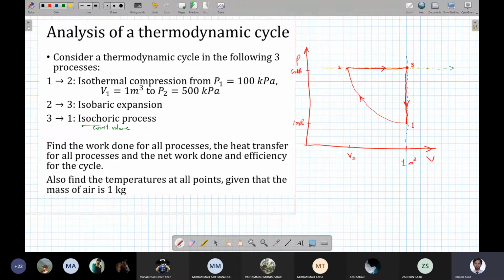जो पहला process है 1 से 2, उसमें the area under the curve represents the work done for the process 1 से 2, marked in yellow. जो दूसरा process है उसमें the area under the curve actually is this entire thing. ठीक है?